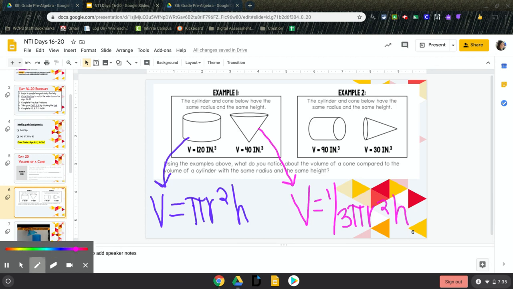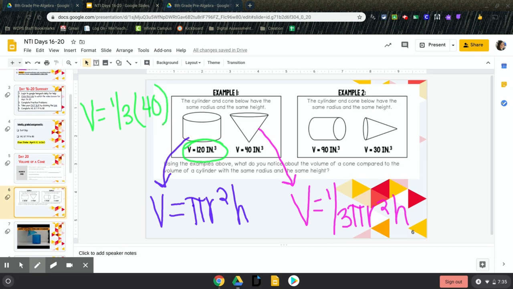That means that if we already know the volume of the cylinder, then all you have to do is multiply that volume by 1/3.